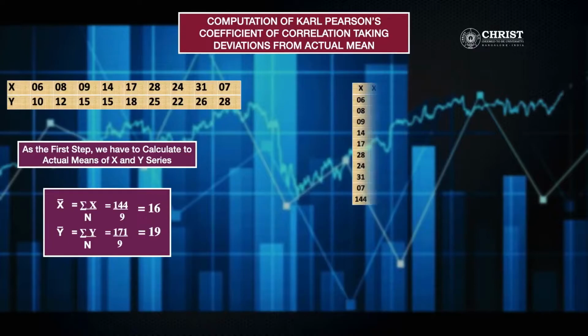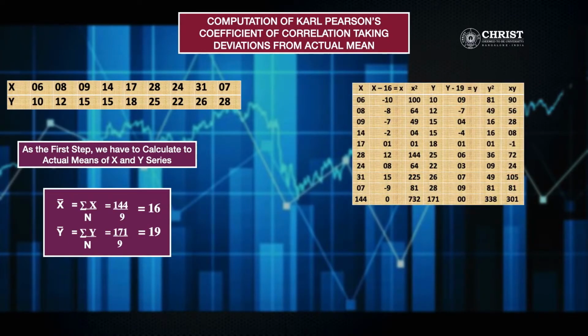The mean of the y series is 171 divided by 9, that is 19. Now, in the computation, small x is capital X minus 16, the actual mean of the series. So you will get the small x values, with minus signs and plus signs. Sign is important, you have to consider that.